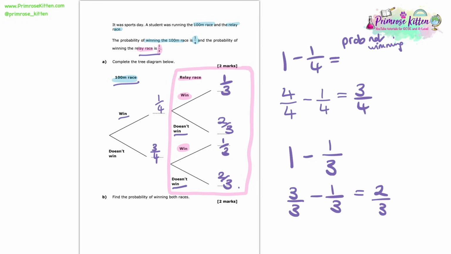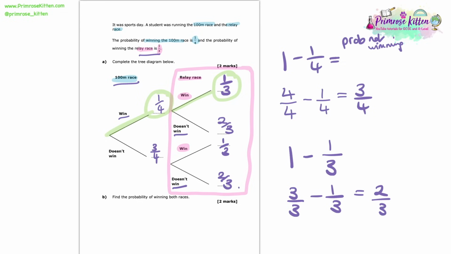Next up, we're asked to find the probability of winning both races. So if we're going to win both races, that means we need to win the first one, and then we need to win the second one. And in these tree diagram questions, what we need to do as we go along the branches is we're going to multiply those probabilities together.